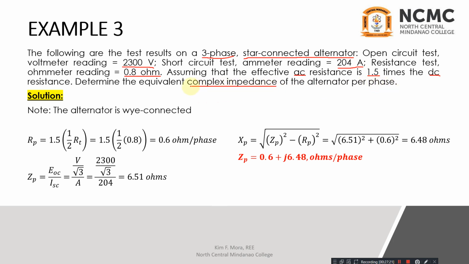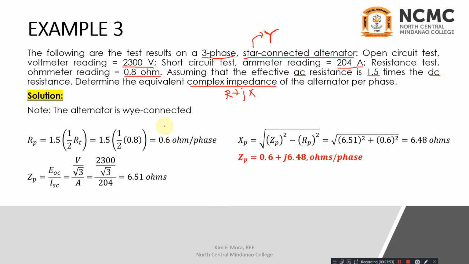Complex impedance means R plus jX, that is what we are looking for. So what we are looking for is the value of R and the value of X, our reactance. Note that our alternator is star connected, meaning Y connected.